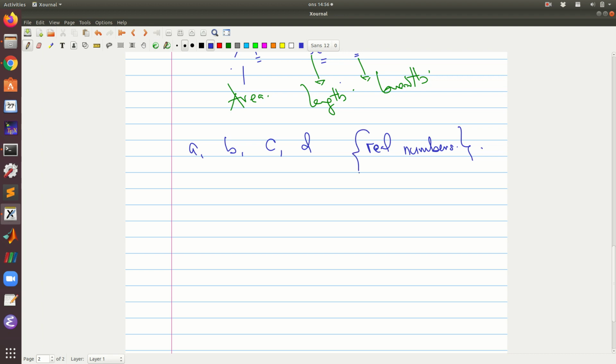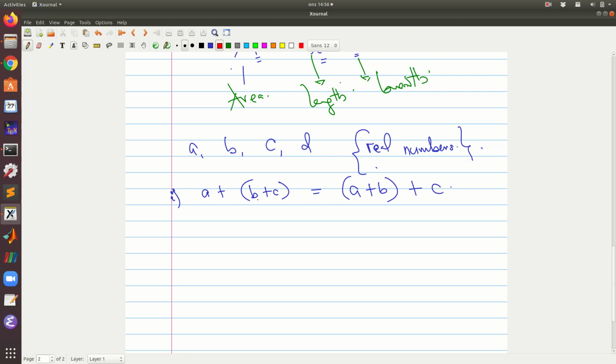Okay, for now we can try to emphasize that we are dealing with the real numbers here. Then 1, we have the fact that A plus B plus C in that order is the same as A plus B plus C, i.e. this associativity law.